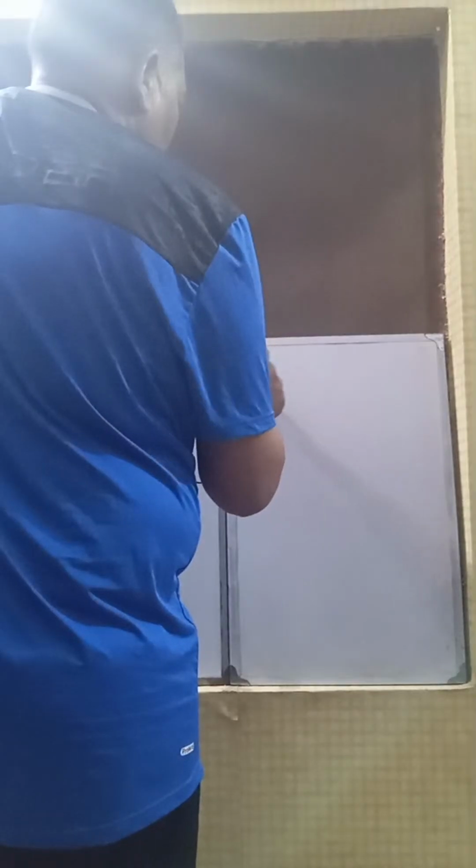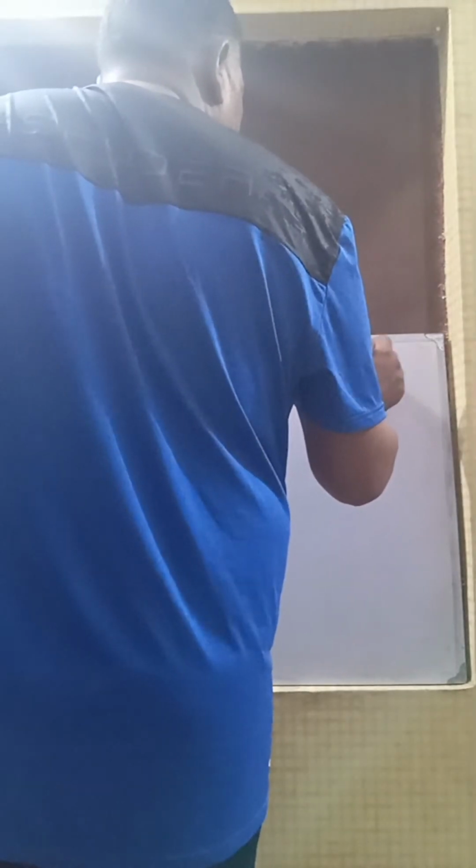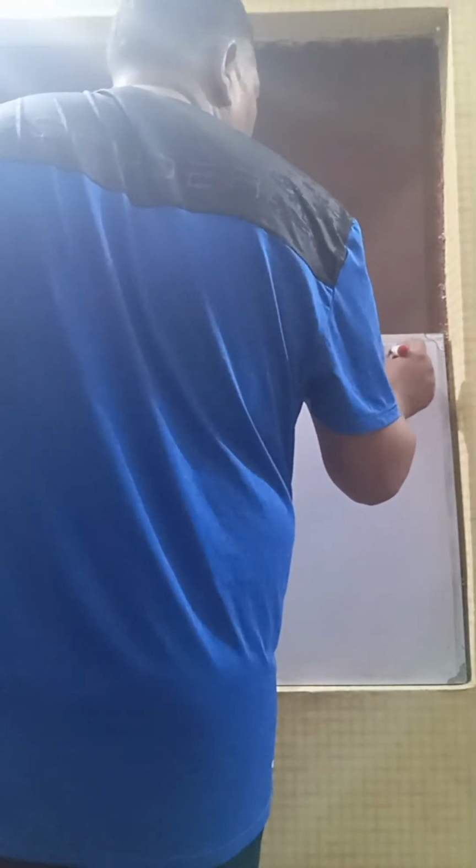Okay. Now we are going to question number 4 of this exercise. A function is given. f of x is equal to x cube plus 2x square minus 3x minus 1.